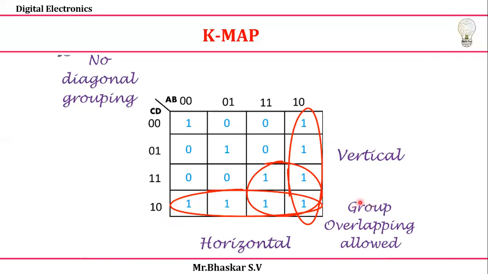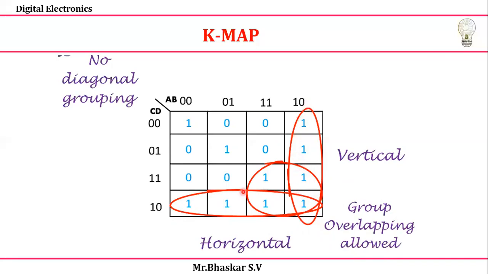Next, overlapping groups are allowed, so groups can easily overlap. For example, here the vertical group and the horizontal group partly overlap. You give the highest priority to the maximum grouping. Suppose I group these 4.